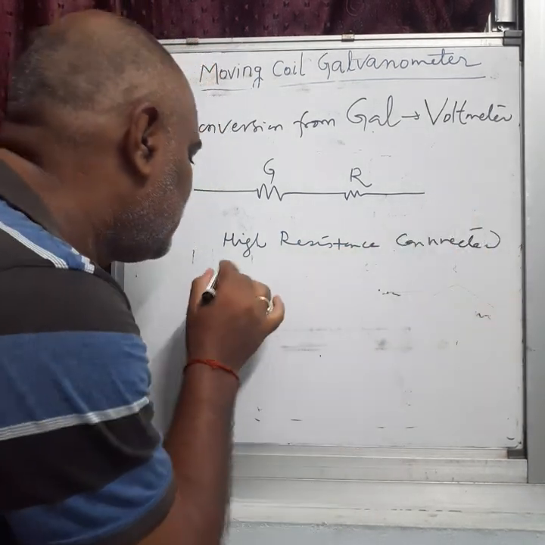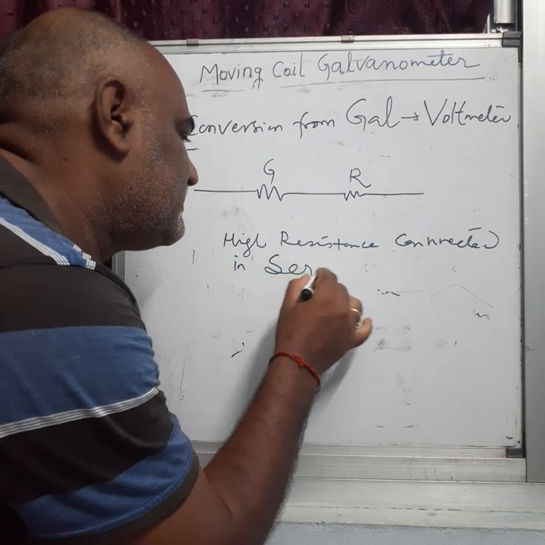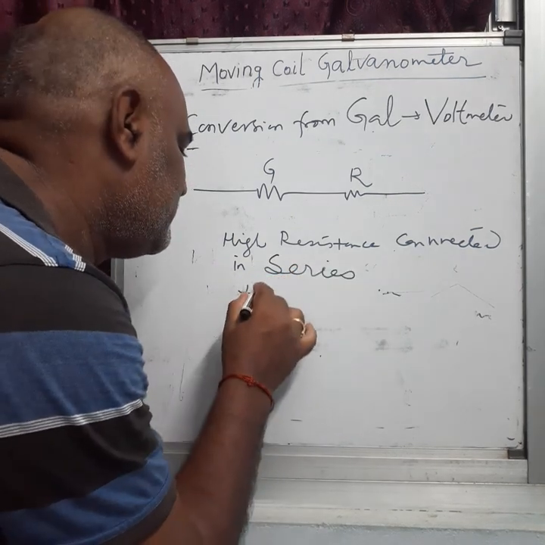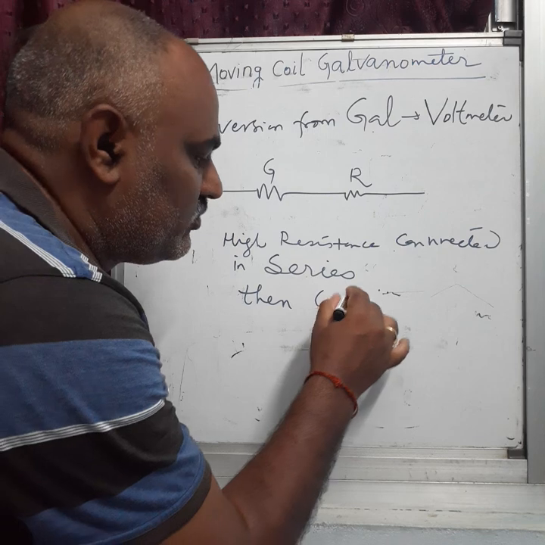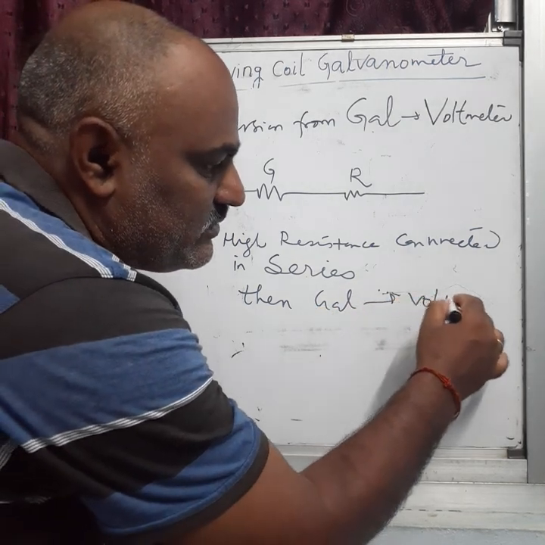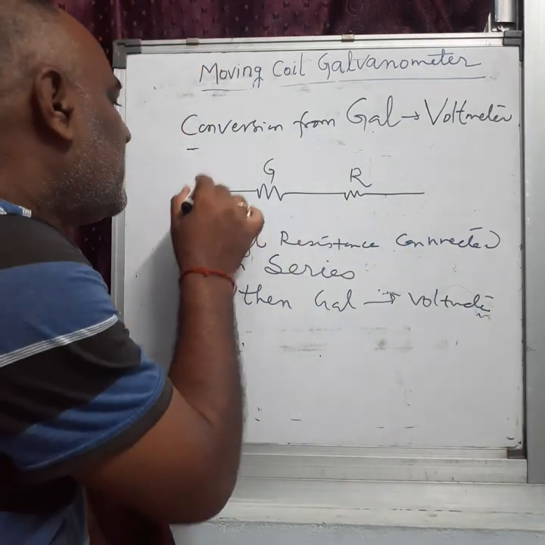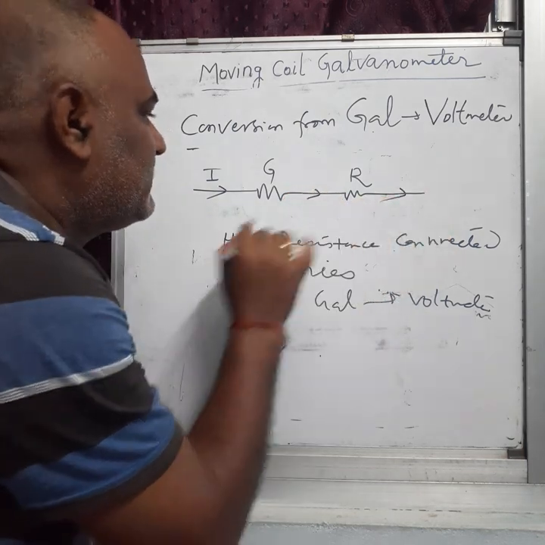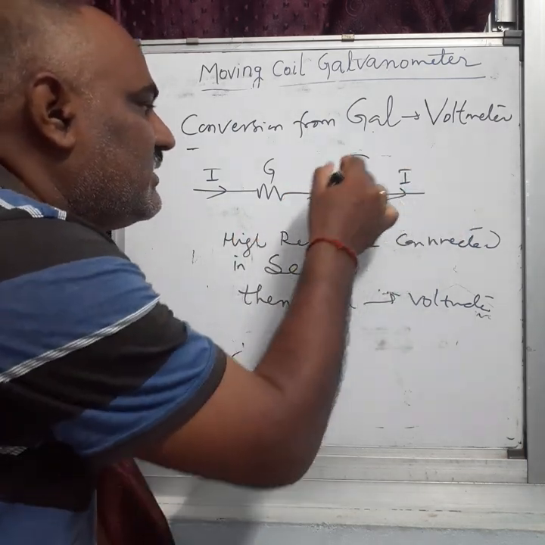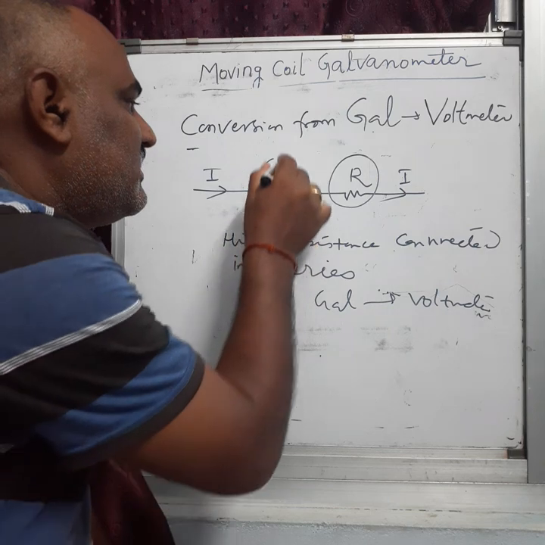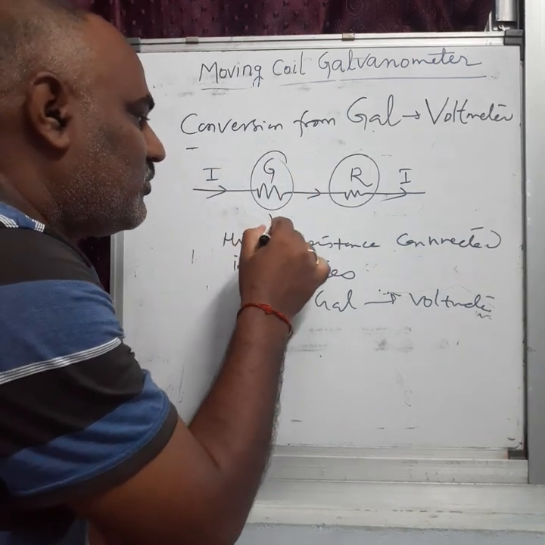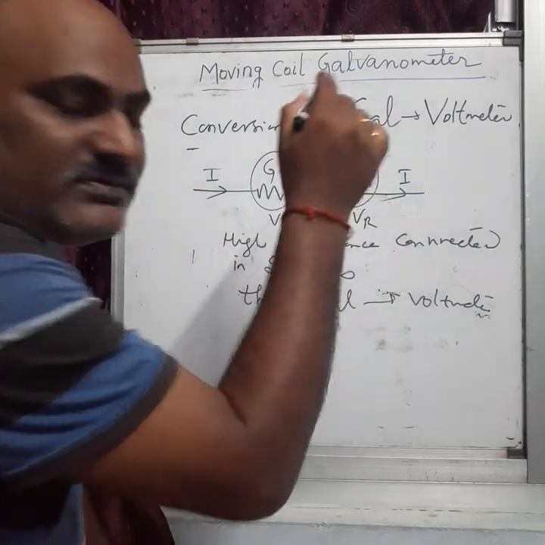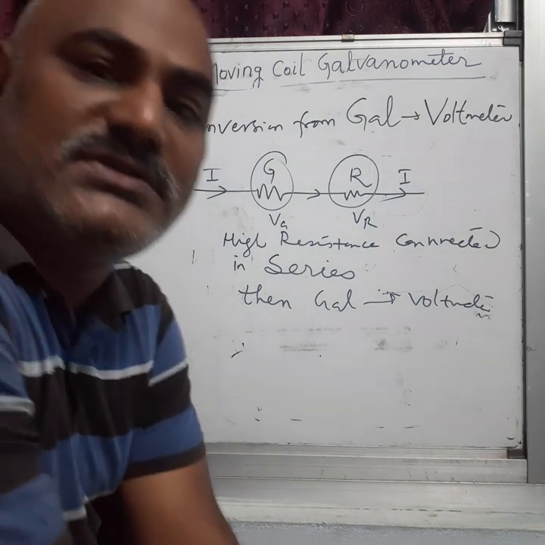Very clear, connected in series. Then the galvanometer is converted into a voltmeter. See, here current I goes, the same current passes in series, and this R is the high resistance. This is the galvanometer, but the voltage will be different. Voltage will be different, current will be the same.